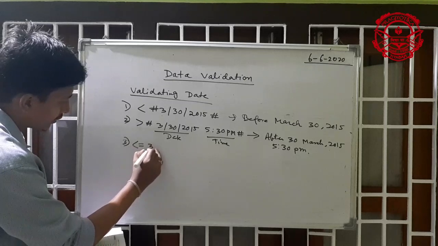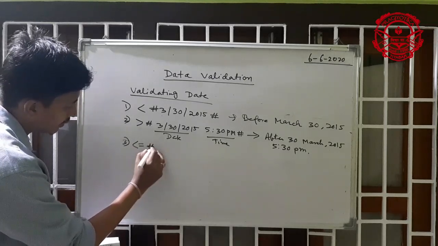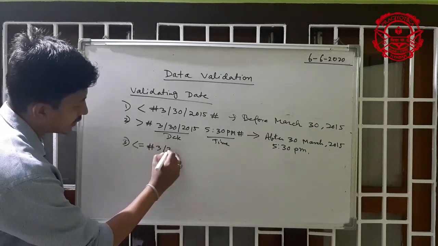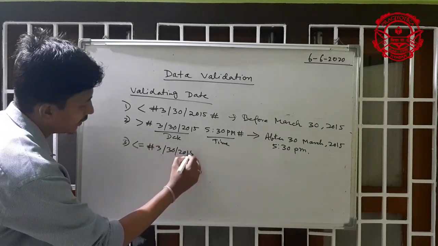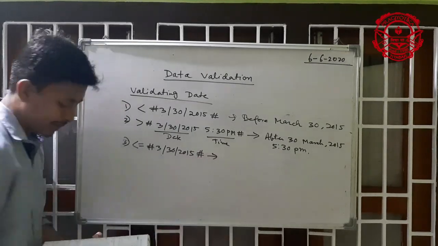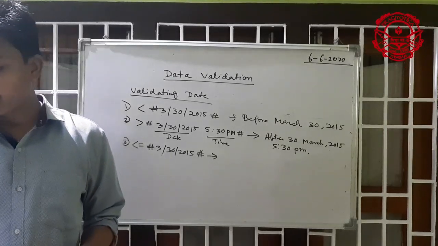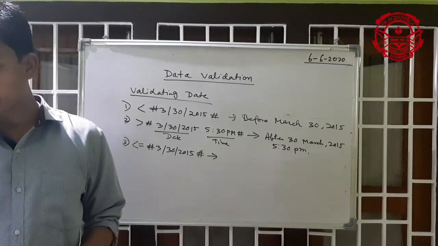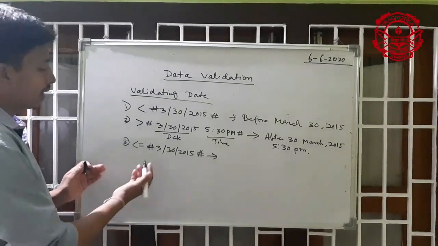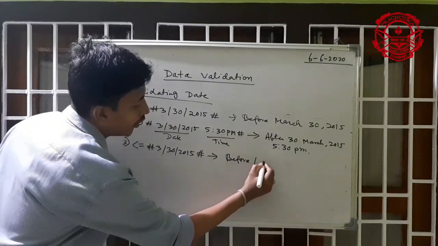Less than or equal to 3/30/2015. It means the date occurs before or on March 30. The date should be before or on.